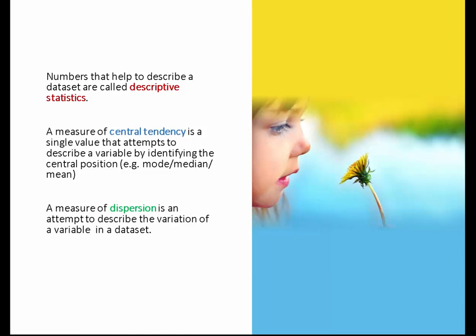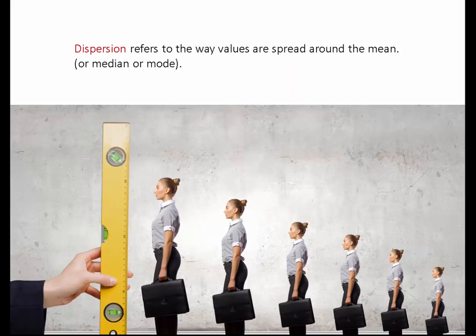You try to see whether the interval where you find the observations is wide or small. So dispersion refers to the way values are spread around the mean, or the median, or the mode. Are they all clustered together around that measure of central tendency, or are they far away from it?